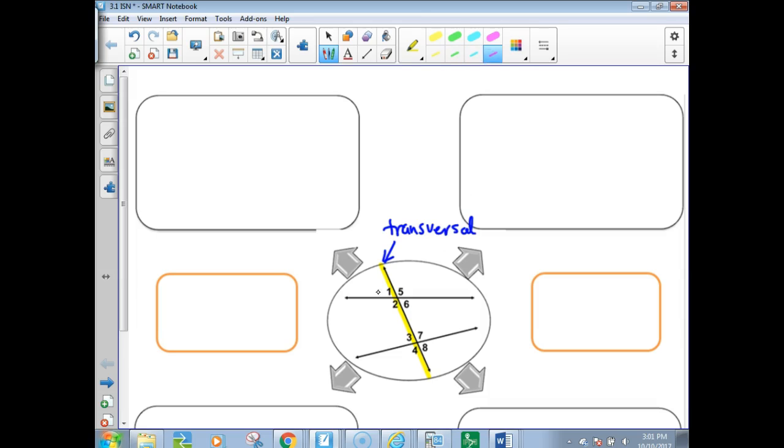The interior is all the stuff between the two lines that have been cut by the transversal. So this is your interior. And I'm going to define it over here on this side box.